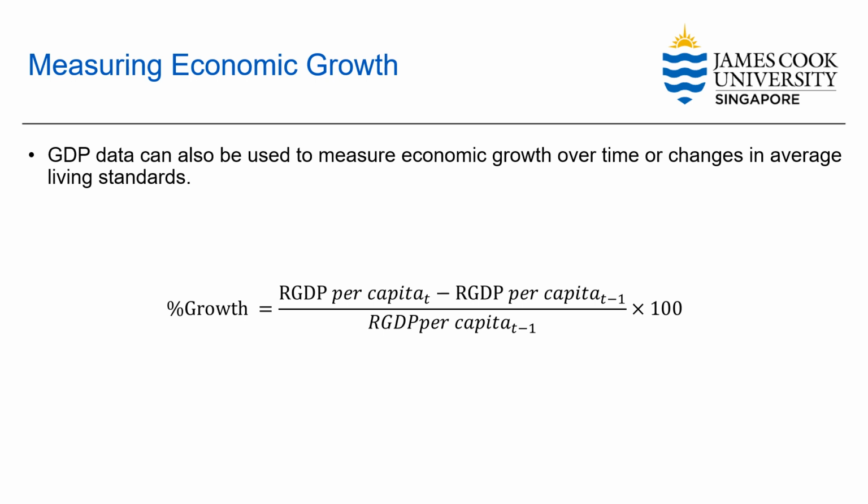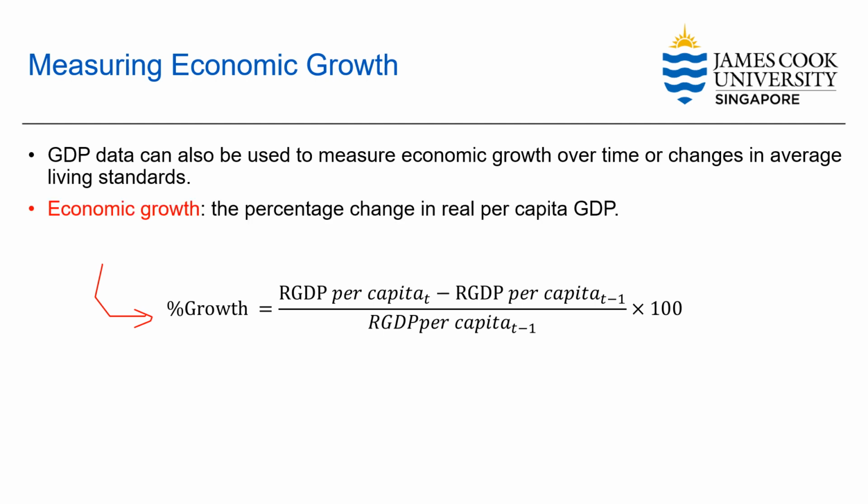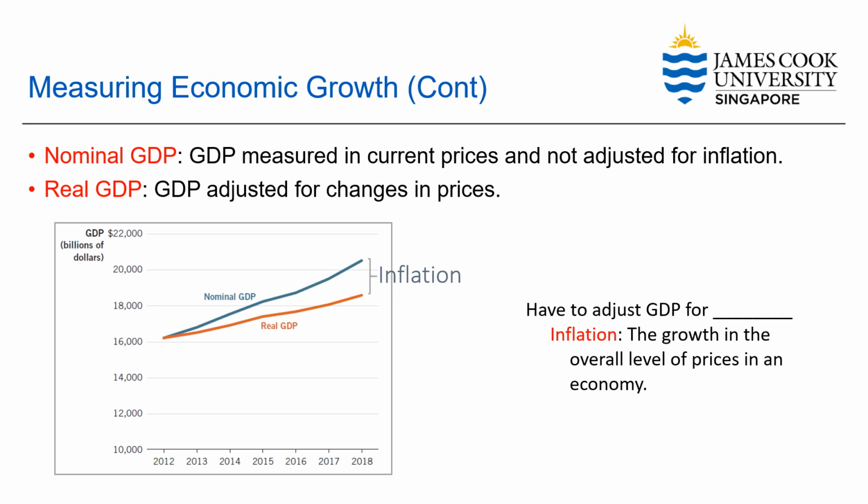We're going to use the following formula, which is we're going to compare current year's real GDP per capita with previous year's real GDP per capita, divided by the real GDP per capita of previous year. And then we can come to the economic growth, which is the percentage change in real per capita GDP.